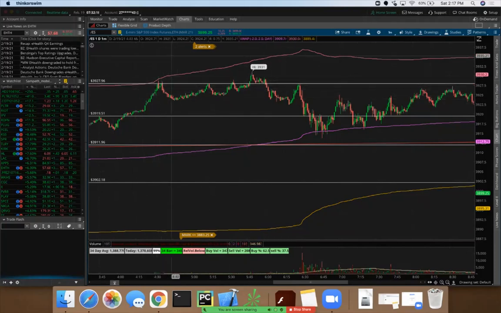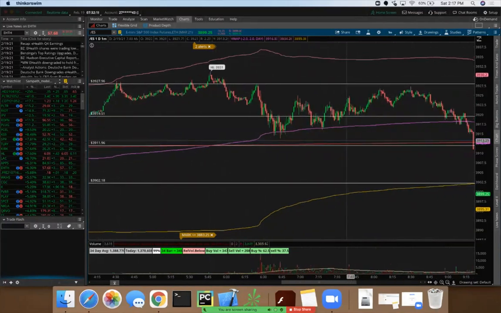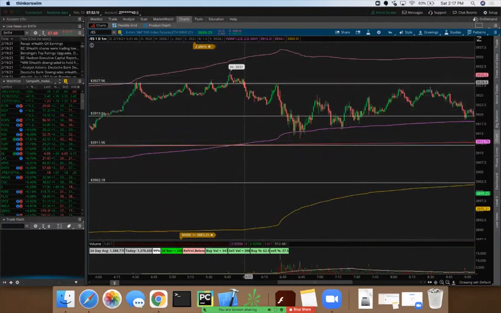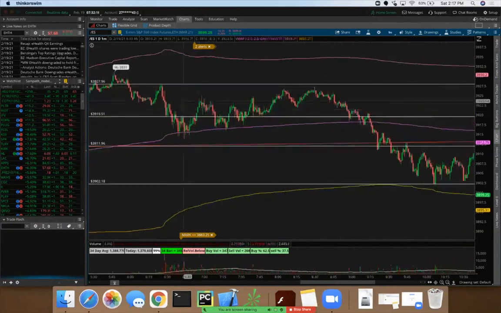As you can see, it tried to break above, but could not. So it tried another attempt, and finally it broke above, but it couldn't sustain above this resistance level. So it starts rolling down. That's where you can go short with your stop loss above the previous high. And then you can capture all this down.